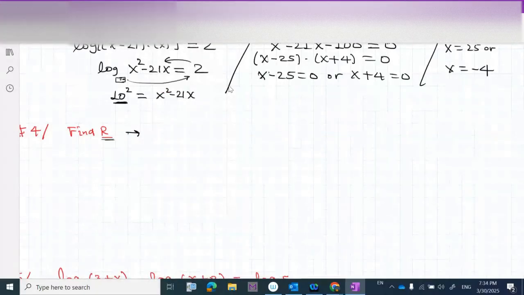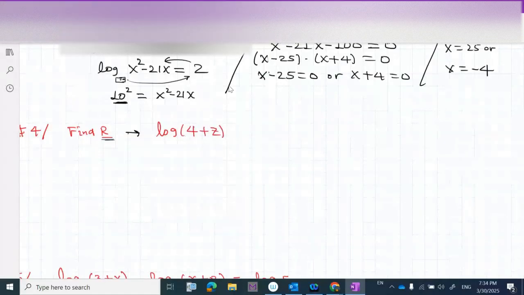So if I have logarithm of 4 plus z equals logarithm of 10r minus 2. All right, so now this is logarithm of 4 plus z equals logarithm of 10r minus 2. So we have to solve for r.